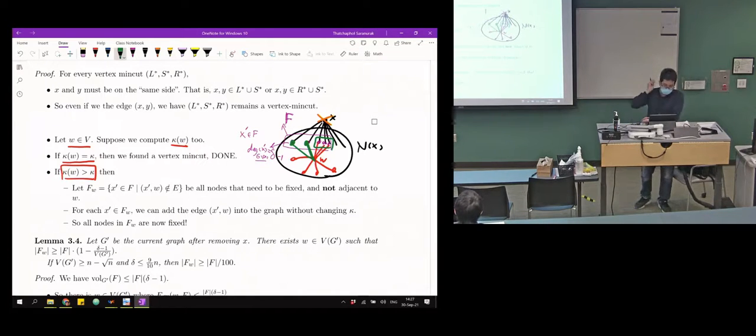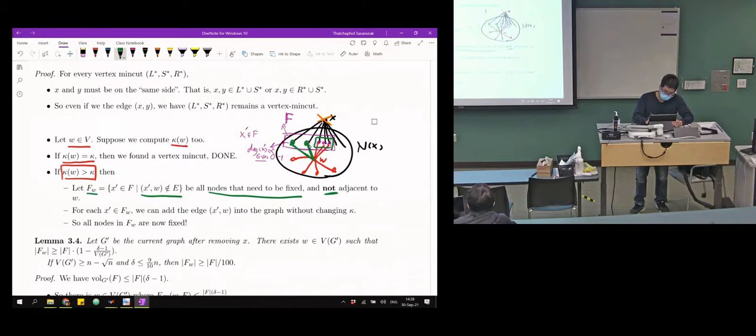Okay, so given W, I can define F sub W to be the guys in the set that need to be fixed, but are not incident to W. Sorry, they are nodes that need to be fixed, but not adjacent to W. But you see that, as we discussed, I can add this green edge for everyone in F sub W. These are the guys that I can fix using W. So after I add this edge, these nodes will have degree delta, and now they are fixed.